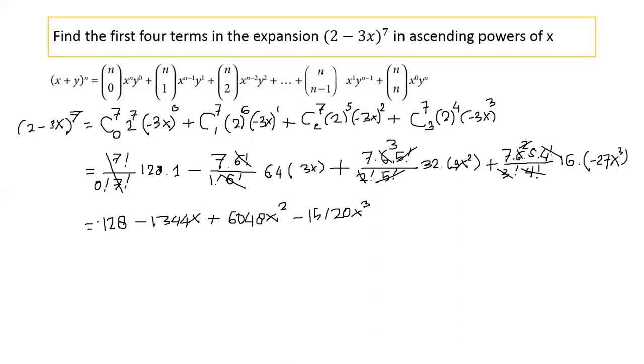So the expansion of this expression for the first four terms is 128 minus 1,344x plus 6,048x squared minus 15,120x cubed.